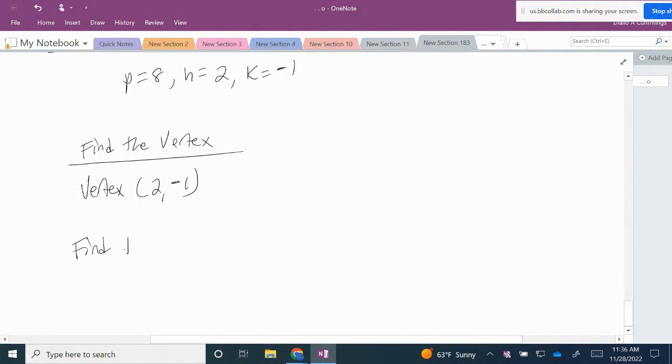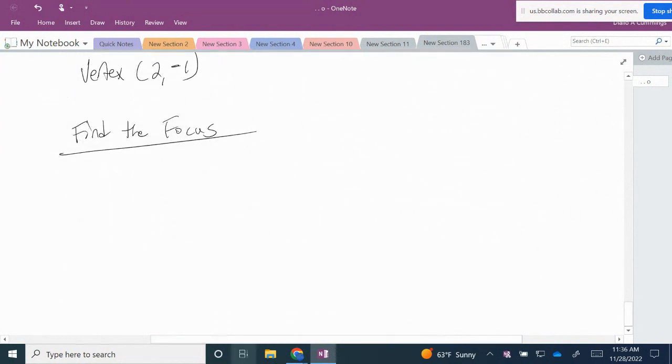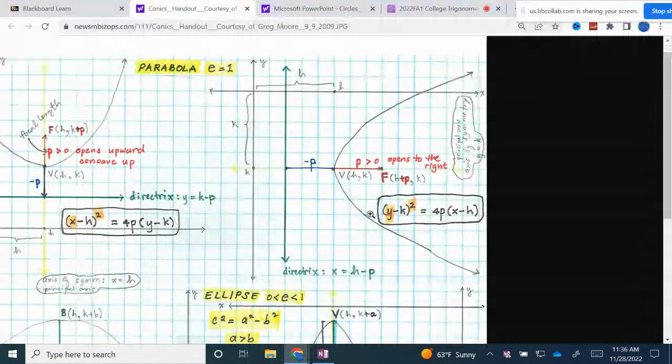Now we're going to find the focus point. So how do I find the focus point? Well, I'm going to go back to our formula sheet, and we're going to use this formula. Notice that the y variable is squared and the coefficient for our x variable is positive. So here it says that the focus is h plus p comma k.